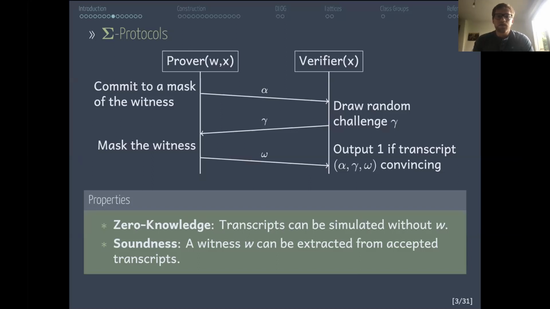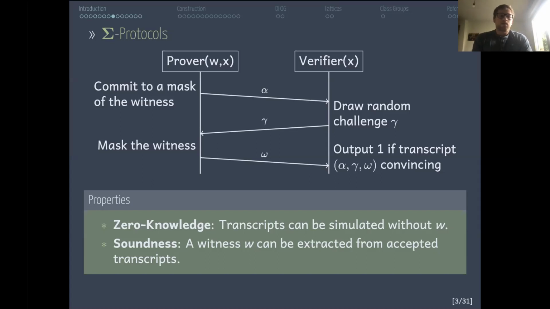A bit more intuitive: if we can simulate a proof without actually having access to the witness, then the verifier can just compute a transcript, the messages alpha, gamma, omega, himself, and he does not actually learn anything from the interaction with the prover, because if he has access to the challenge before, then he can just pre-compute everything. So that's why the verifier does not learn anything from an interaction.